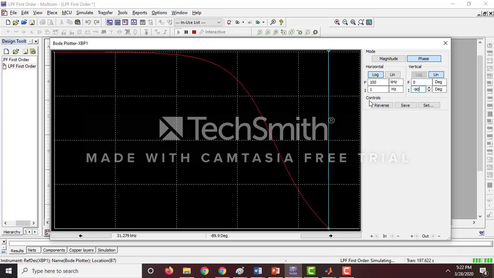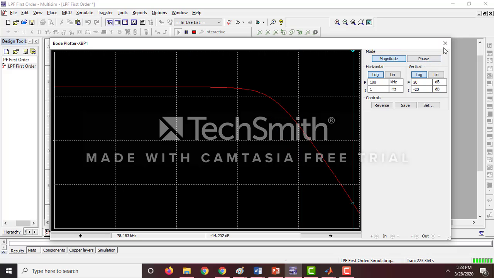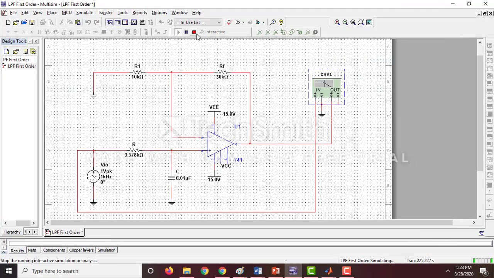I will just reduce this even further so that we can see it properly. So that is it. The simulation, the magnitude as well as the phase spectrum, is plotted.